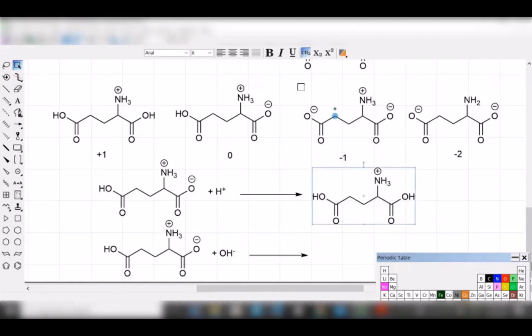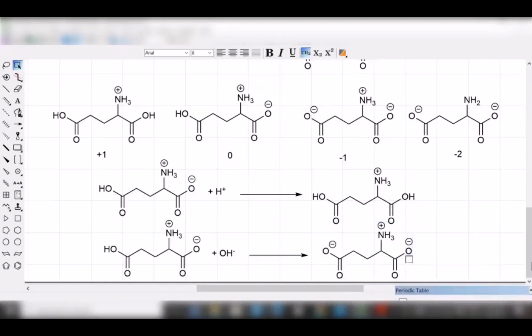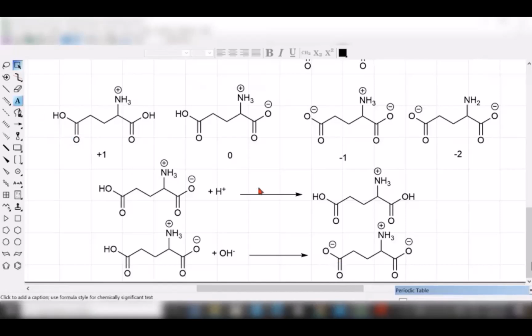When I add OH minus, the other carboxylic acid will be deprotonated. So I have answered the question on what equations to write, and I just have one last final thing to mention.